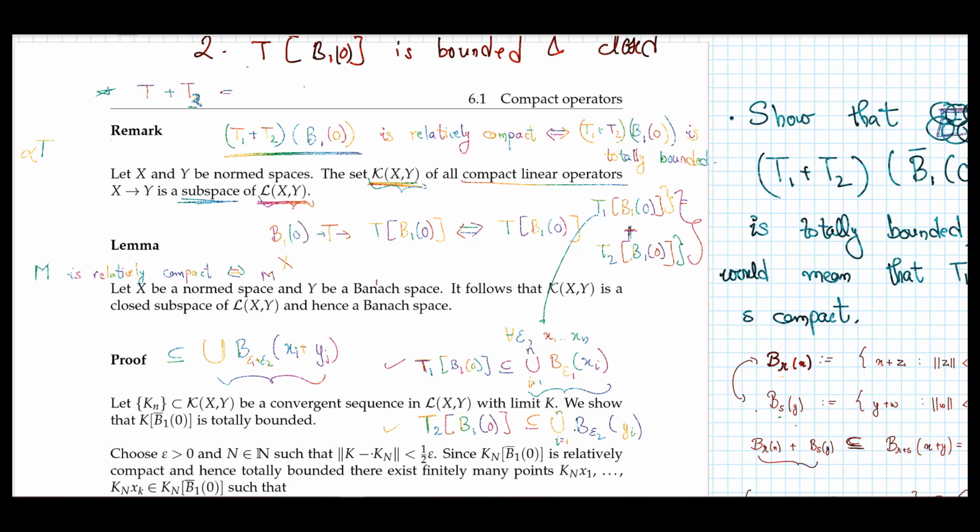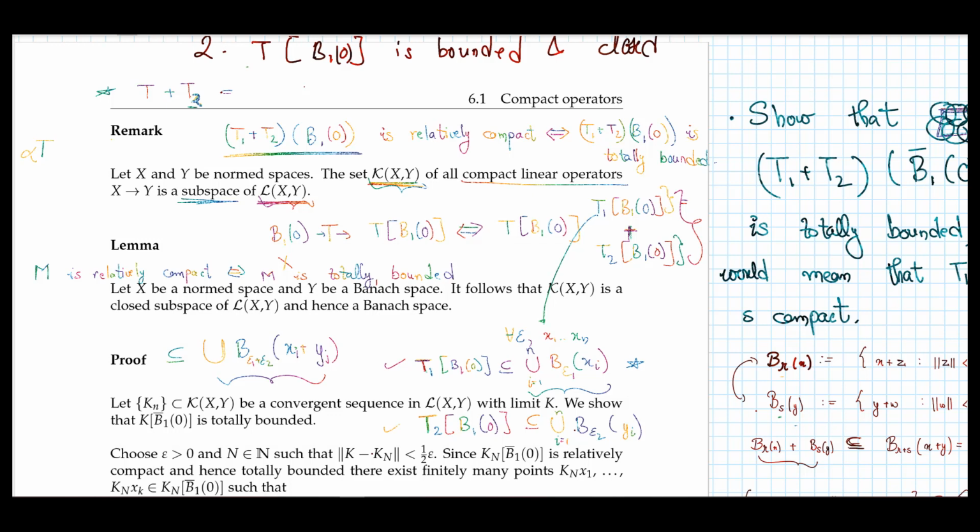And what do I mean by totally bounded? I just mean that for every epsilon greater than 0, I can find points x1 to xn such that M is contained in the union of all such balls with radius epsilon centered at those points x1 to xn.